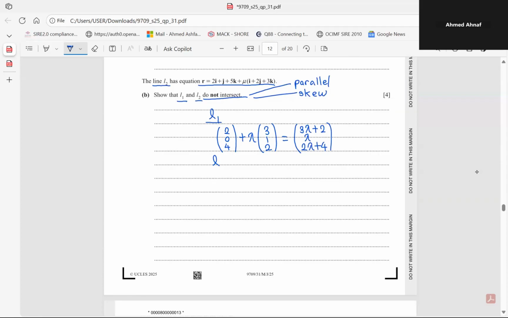And for L2, we have (2, 1, 5) plus mu (1, 2, 3), which equals mu plus 2, 2 mu plus 1, and 3 mu plus 5. These are our expanded versions.